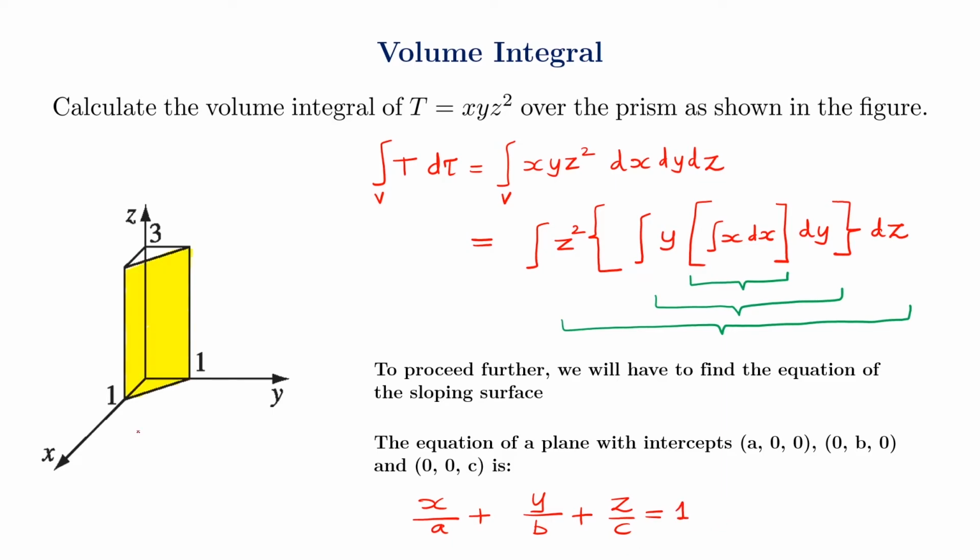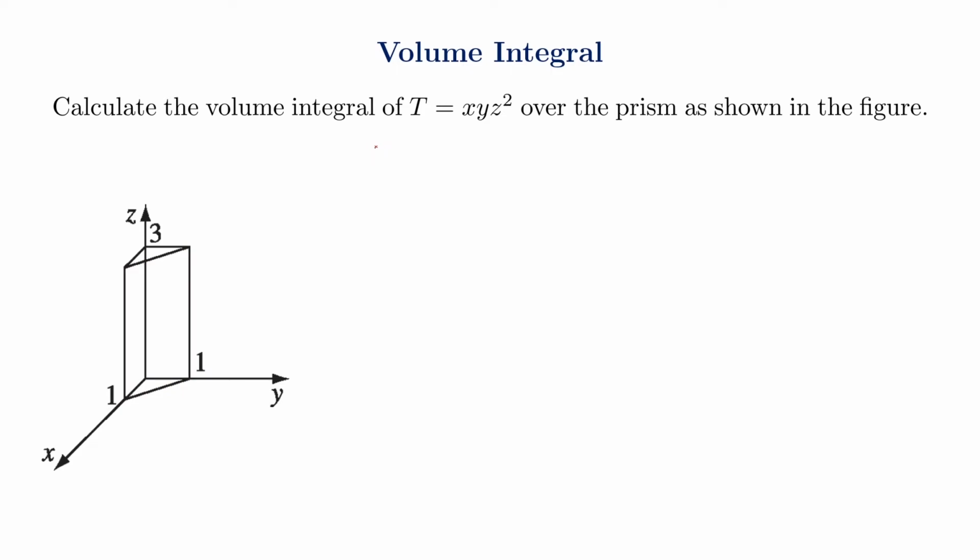For the plane that we see in this figure, there are only two intercepts, at x equal to 1 and y equal to 1. There is no z-intercept, and in this case, this equation modifies to x divided by 1 plus y divided by 1 plus 0 equal to 1. From this, we write an equation for x as x equal to 1 minus y.